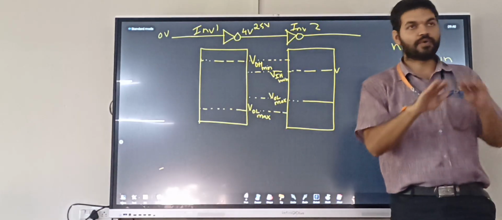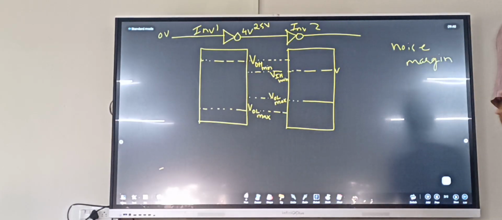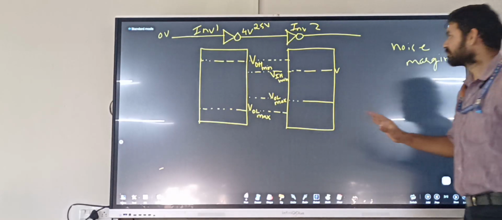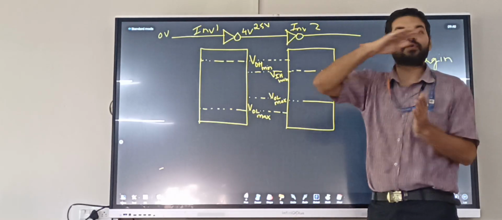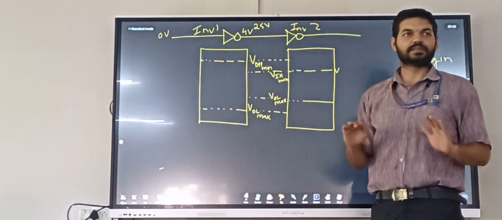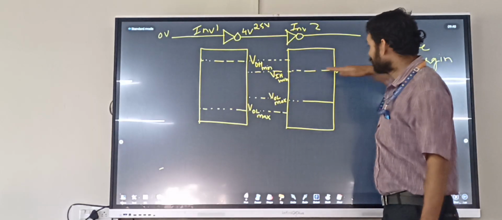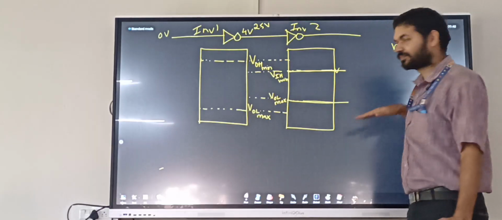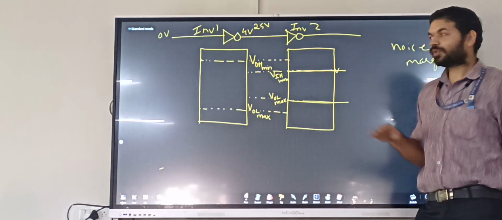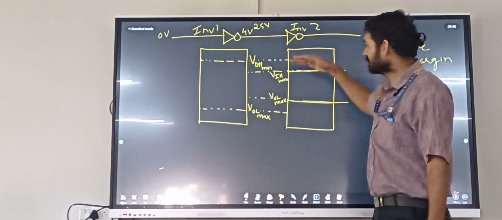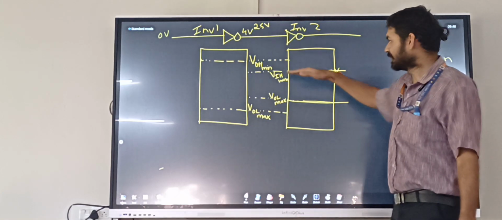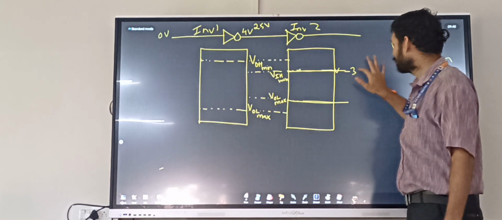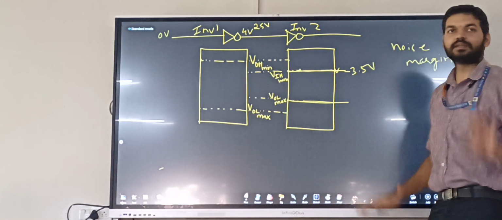Therefore, to avoid such problems, in simple words, we have kept some defined levels. Suppose the output of the first inverter is less than this level, say this level is 3.5 for example.